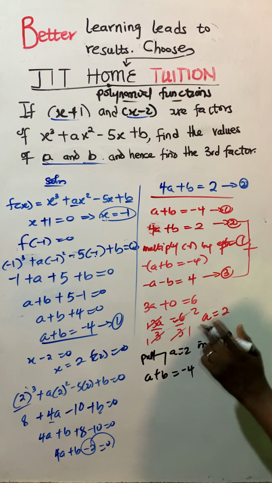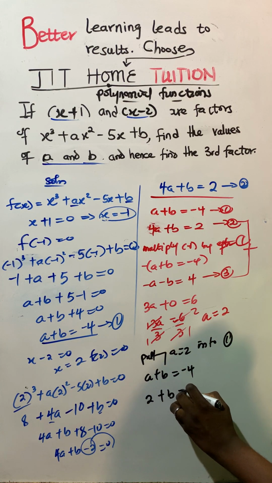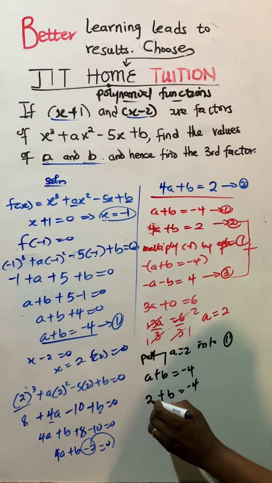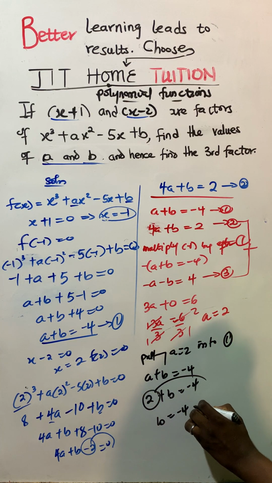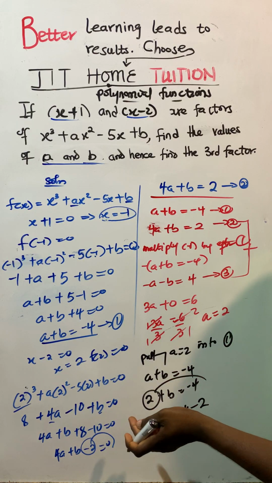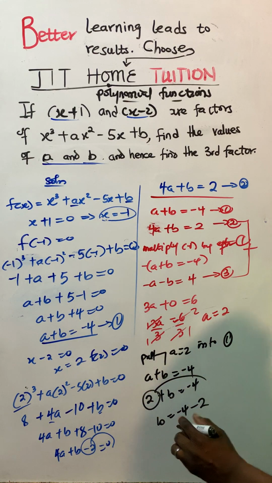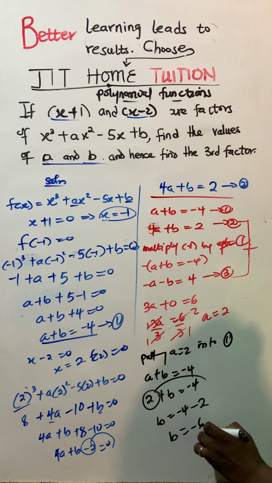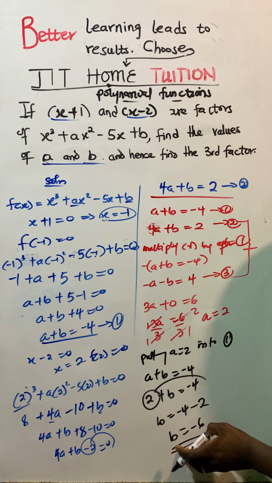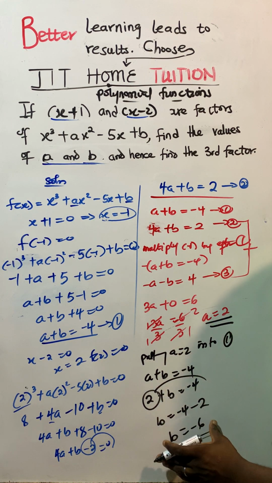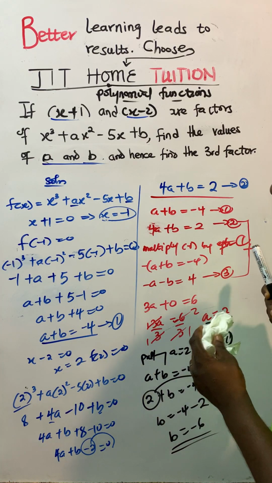But a is what? 2 plus b equal to 4. So you move this 2 to this side, giving you b equal to 4 minus 2, because it was positive. When it crosses, it becomes negative. And you have b equal to 2. So this is the value of a, and this is the value for what? B. You are not done.